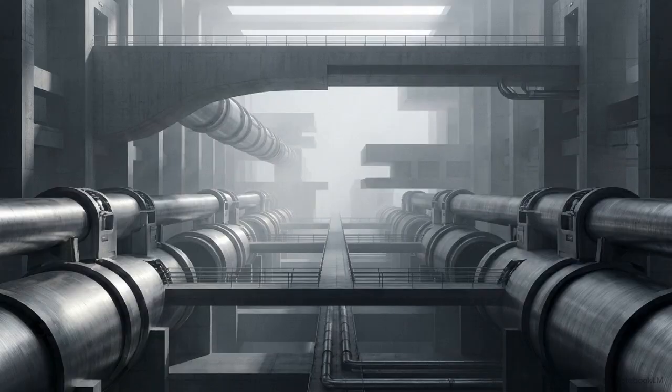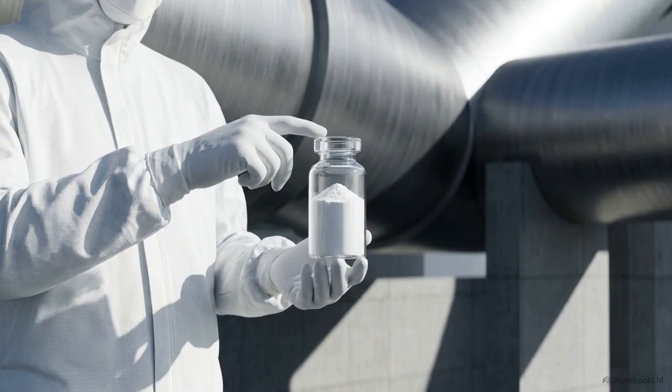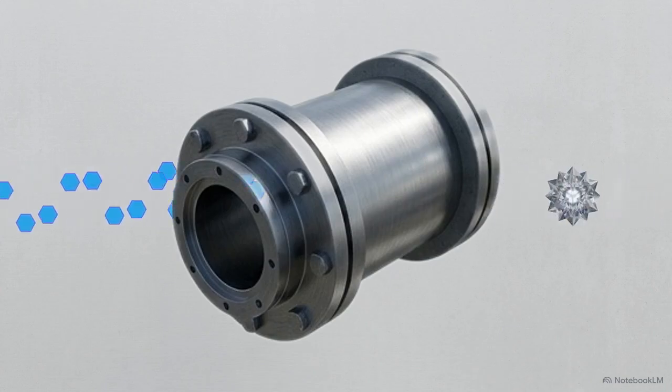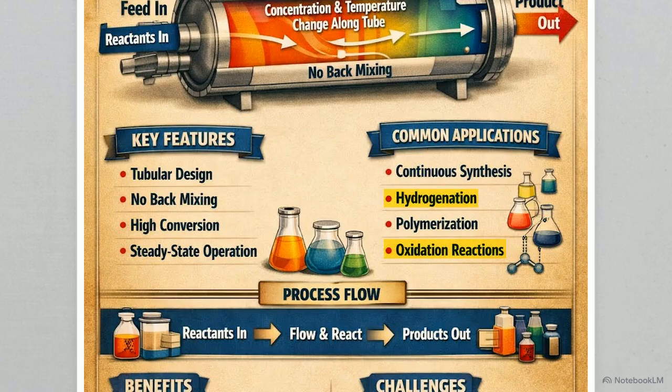Moving out of the isolated theoretical model and into a large-scale manufacturing environment, we find massive, interconnected arrays of continuous systems running in parallel. In pharmaceutical manufacturing, these systems drive the continuous synthesis of complex active pharmaceutical ingredients and highly sensitive chemical intermediates. They are uniquely necessary for volatile, highly exothermic processes like hydrogenation and oxidation.